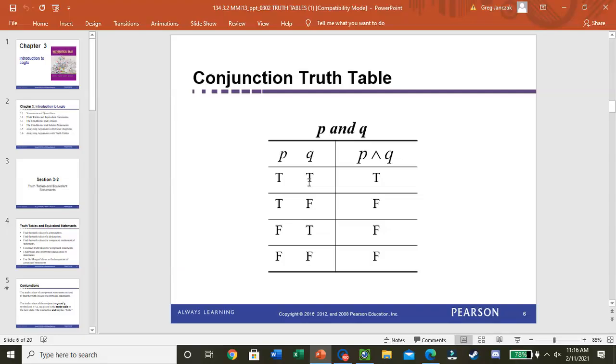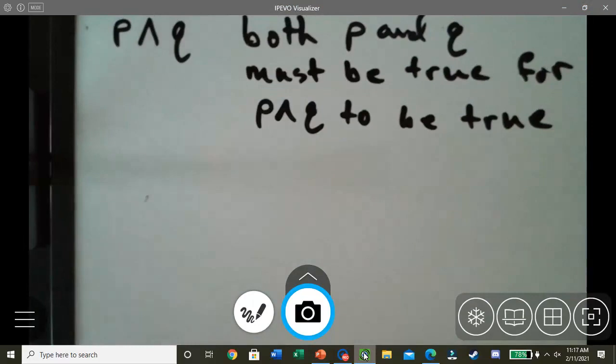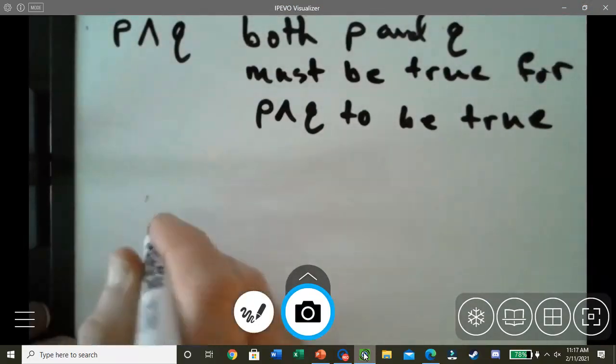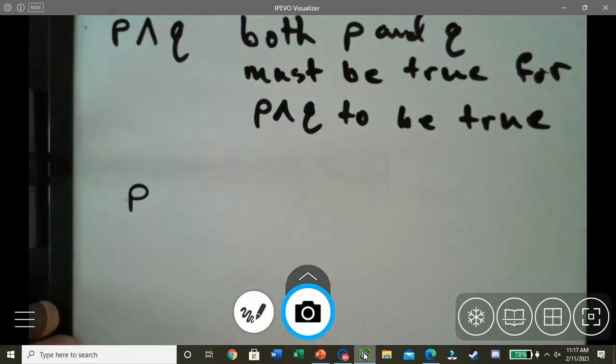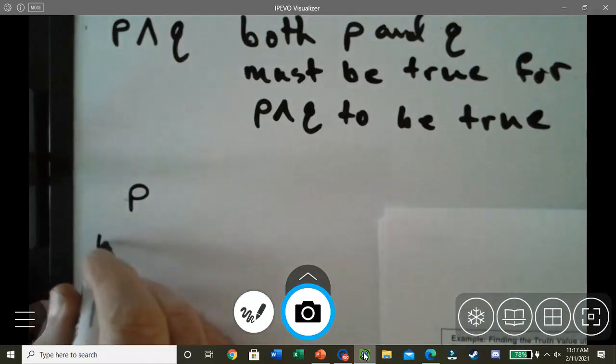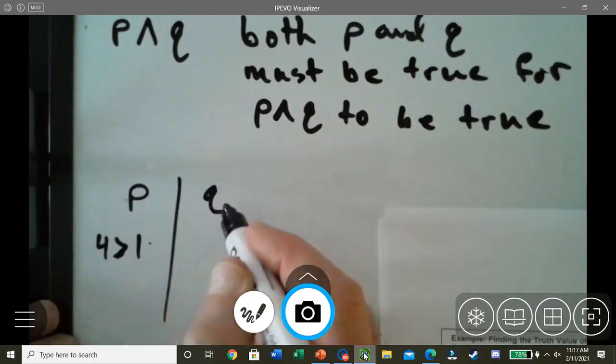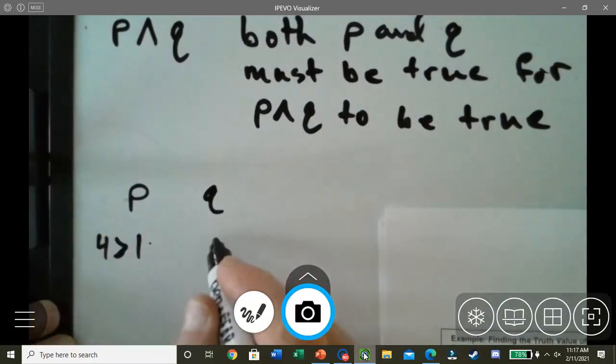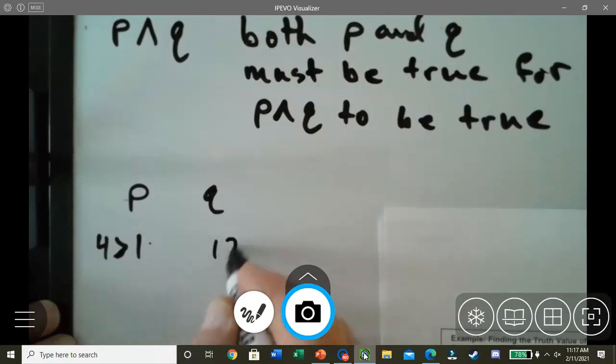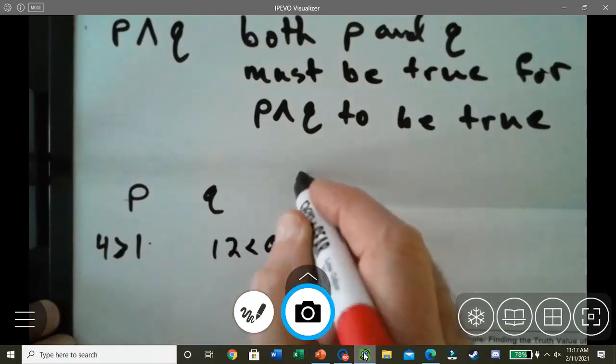So one way you can look at this, write it down, is you can say P is 4 is greater than 1, Q is 12 is less than 9.